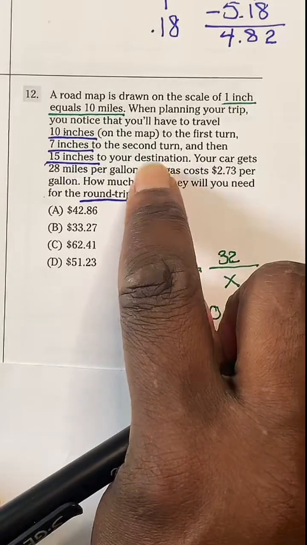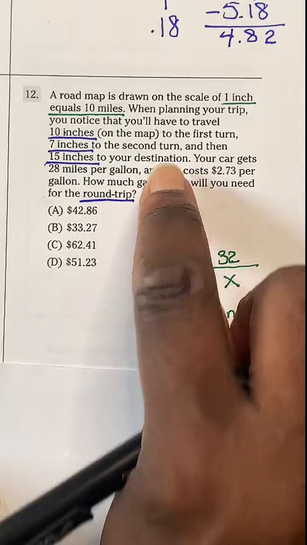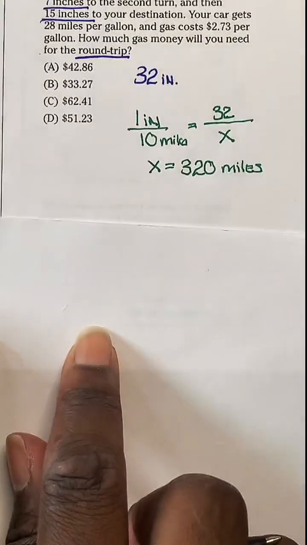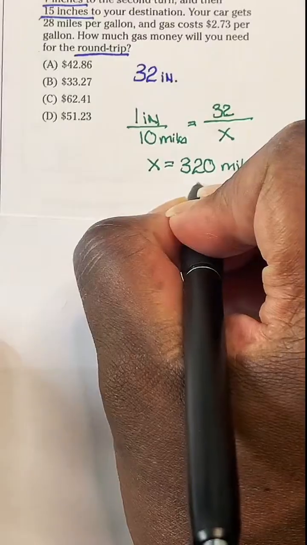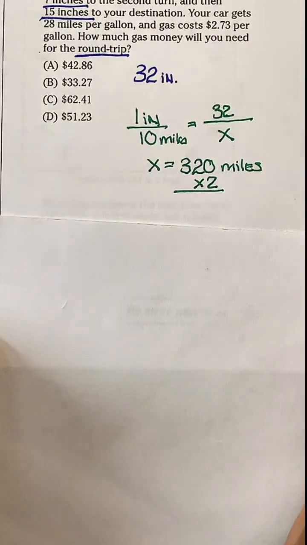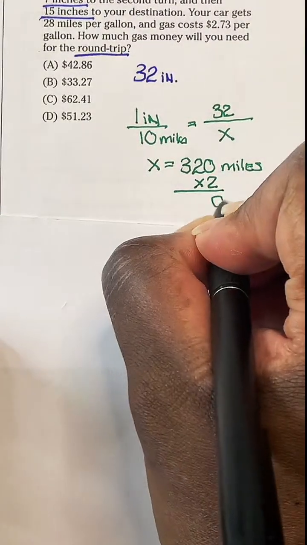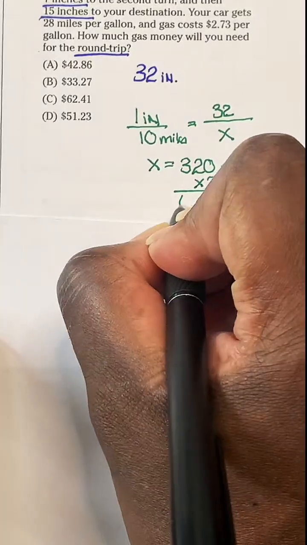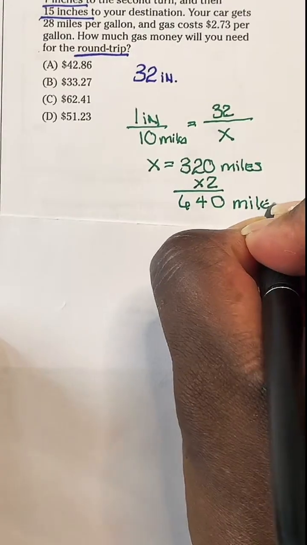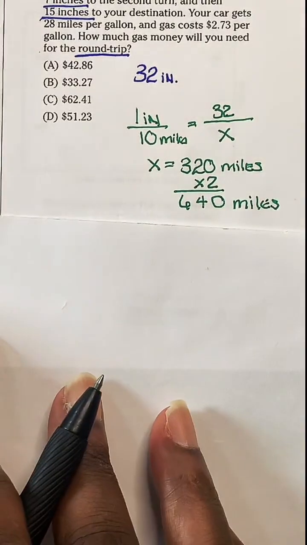Remember it says so here, to your destination. But they want a round trip. So we're basically multiplying this by 2, or we could just add 320 to itself. So we got our 0, our 4, our 6. We're actually looking at 640 miles.